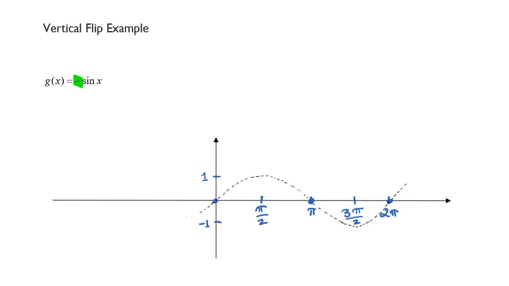So wherever the function was positive, the y's are now changed to negatives. So the reflected curve will be a flip. If you think of it as rotating about these equilibrium points, you can see how it could be flipped over at these dots. And now your negatives are positives and your positives are negatives.